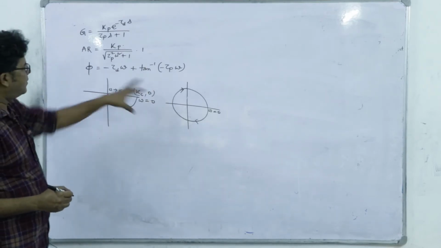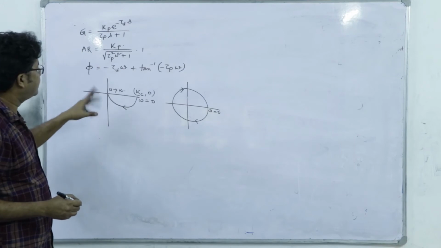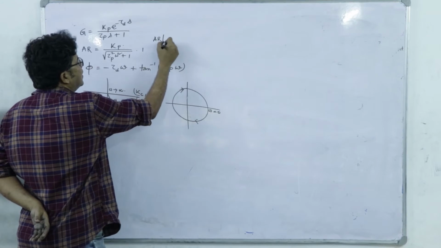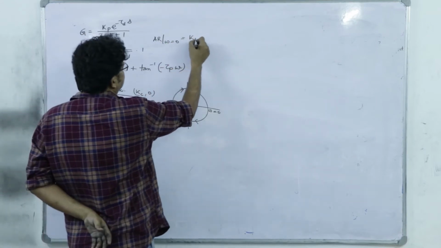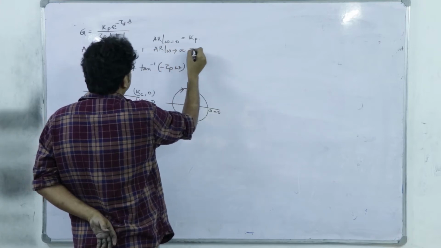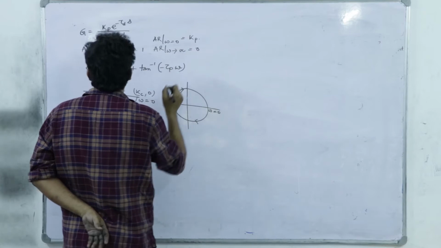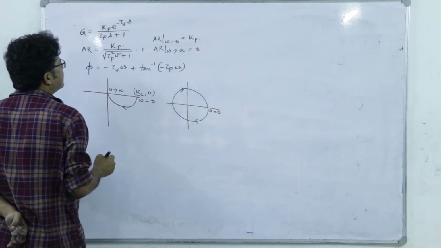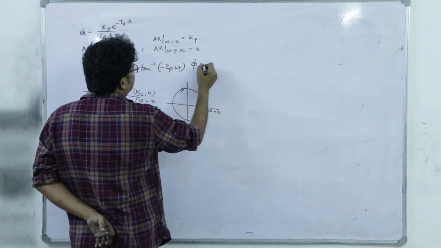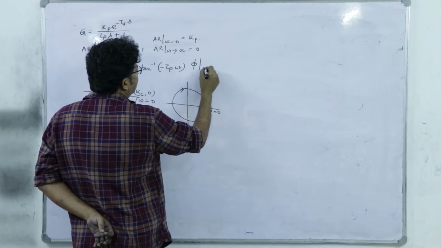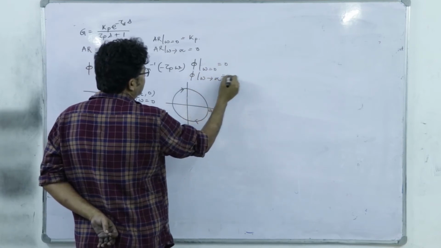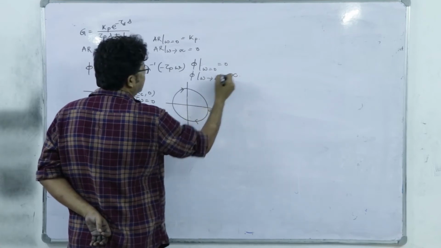So what will happen if we combine these two? The amplitude ratio at omega equal to 0 is Kp, and as omega tends to infinity, it is 0. And phi at omega equal to 0 is 0, and as omega tends to infinity, phi is minus infinity.